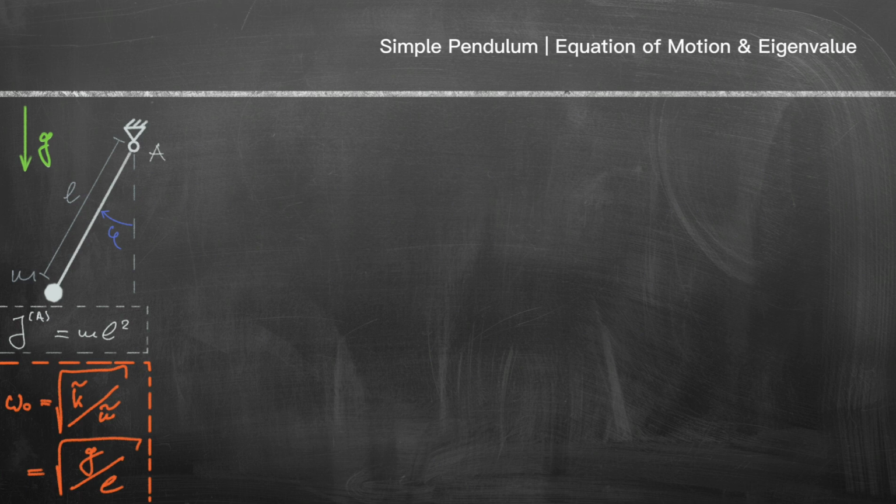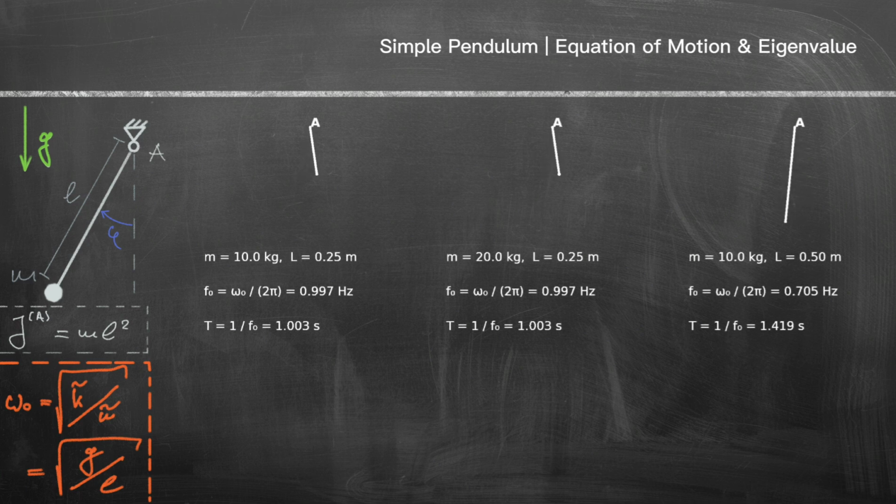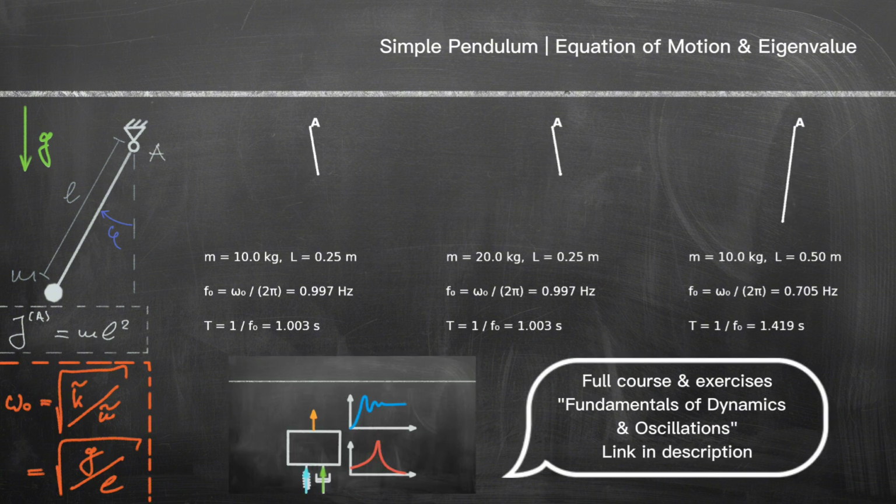If we now visualize this and double the mass once and then double the length L, we see that only the length L influences the natural frequency of the simple pendulum. Changing the mass does not change omega 0. This result is, of course, valid only for the mathematical pendulum, where the entire mass is concentrated at the endpoint.